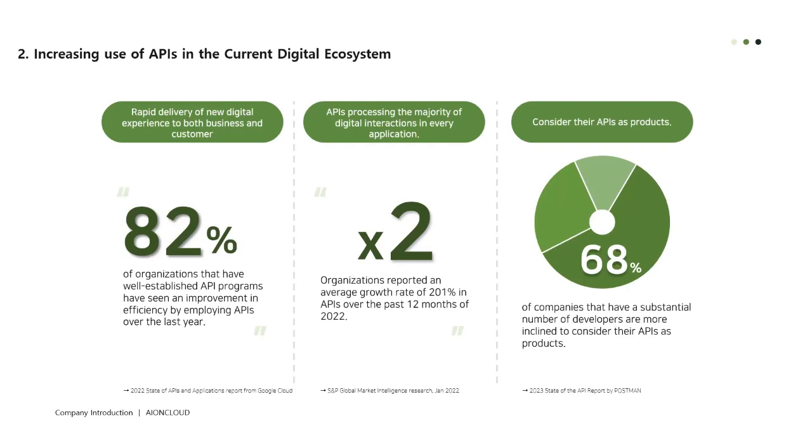Organizations reported an average growth rate of 201% in APIs over the past 12 months in 2022. And of course, there has been consideration of API products in the industry, since most companies, like 68% of companies, have a substantial number of developers and are more inclined to consider their APIs as products.